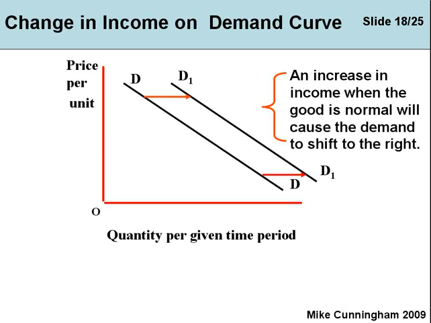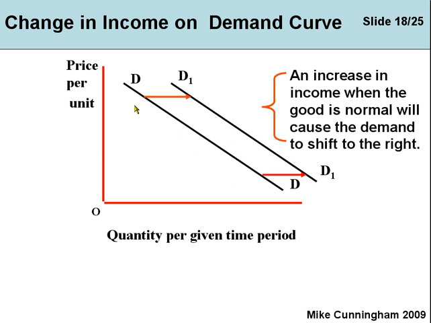Now, an increase in income when the good is normal will cause the demand curve to shift to the right. Back to our traditional demand curve. So let's say we have our demand curve here, which is DD.